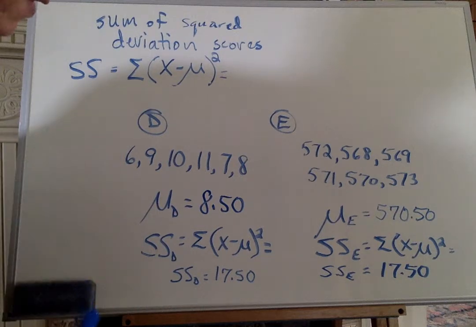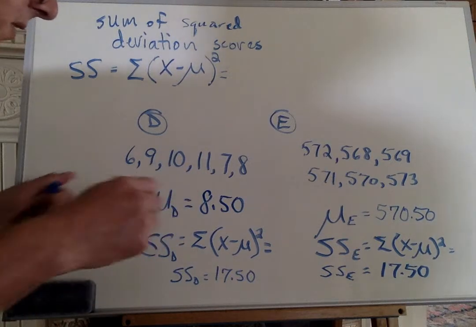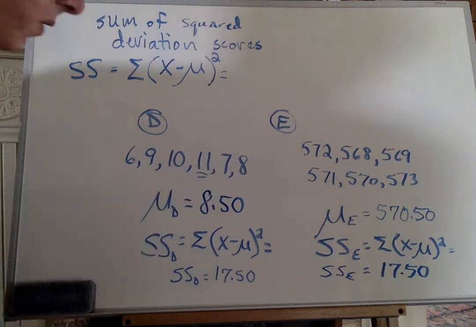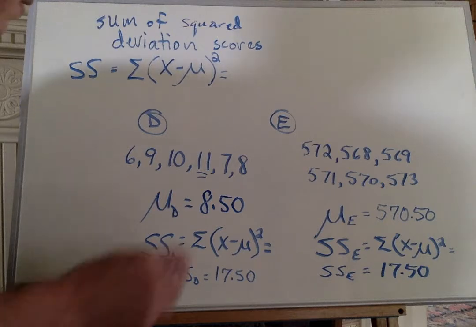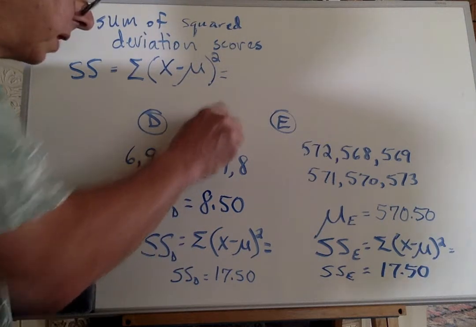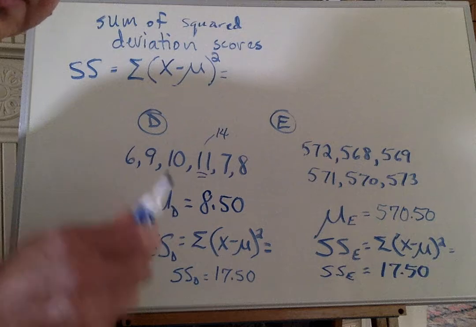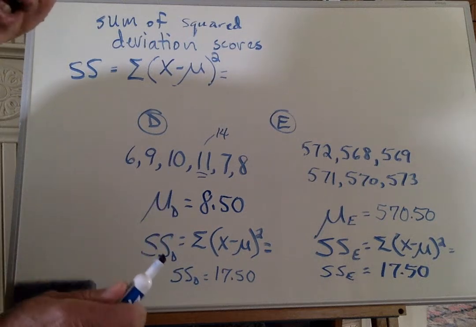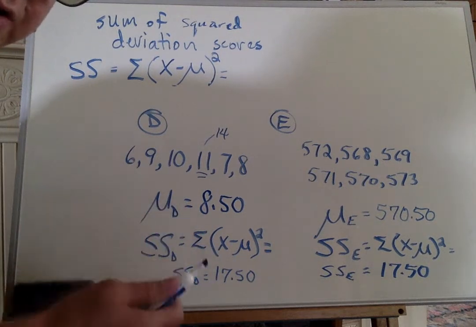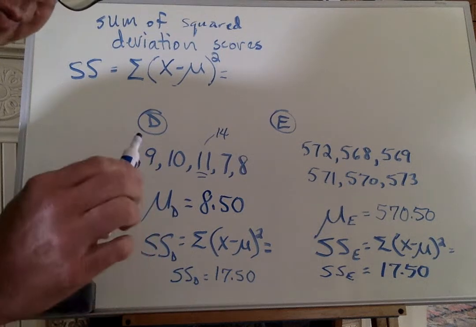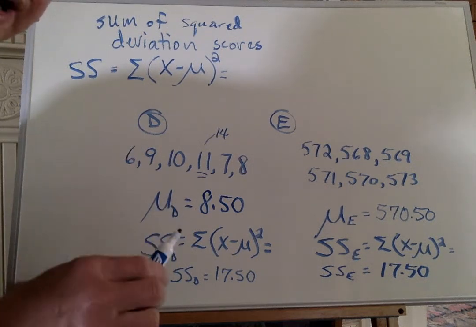So let's see if we have this concept, because it's an extremely important concept here, and that is, what if we changed this number from 11? What happens if we change that number to 14? What do you think would happen to the sum of squares? Well, remember, please try to keep this in mind, because you're going to get caught up in the computations, right? Remember, sum of squares is a measure of spread outness.